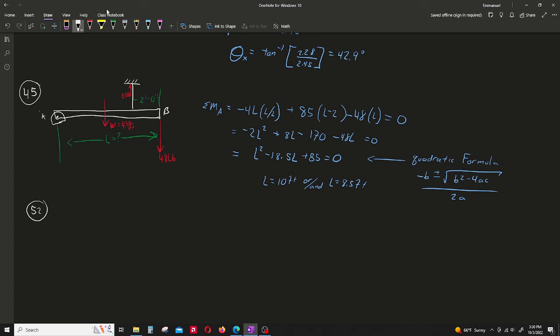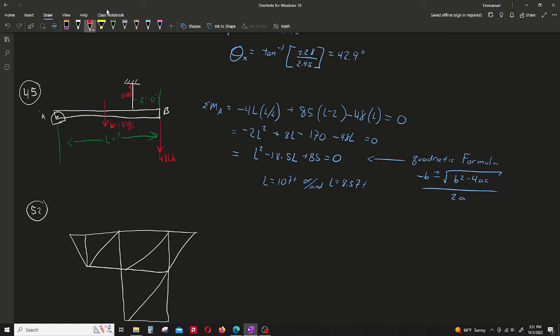So the tower shown is going to look something like this. This wonderful drawing here.